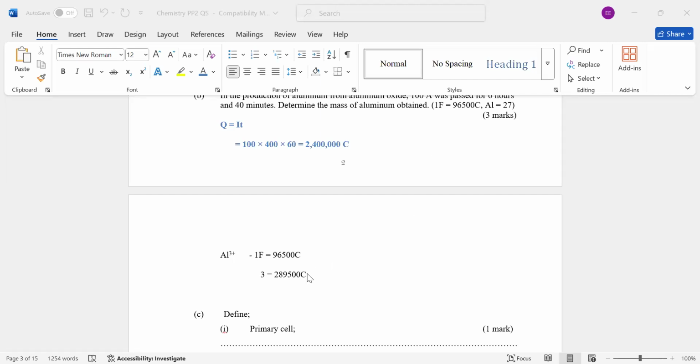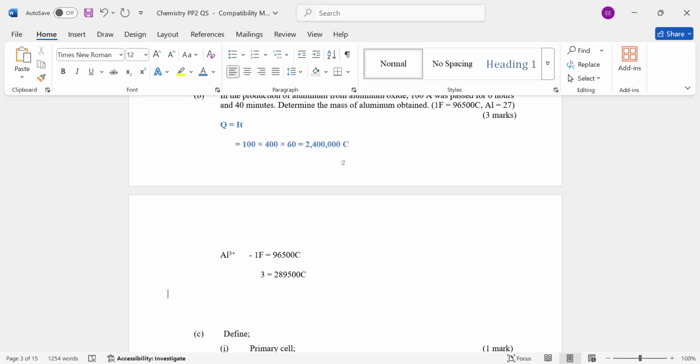Now, this mass of aluminium obtained, remember the total charge is this one here. That one is now the total charge. But for us to deposit just 1 mole of aluminium, this is what we do have.